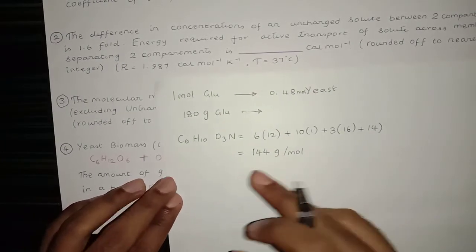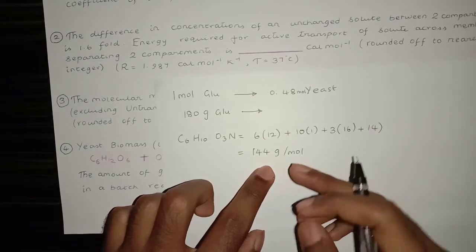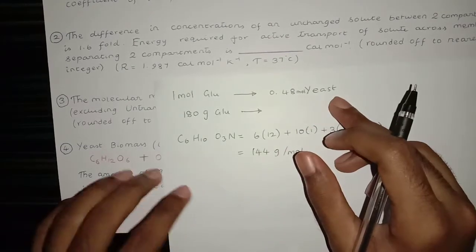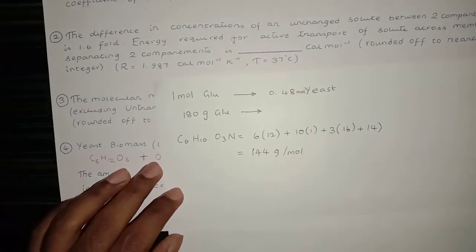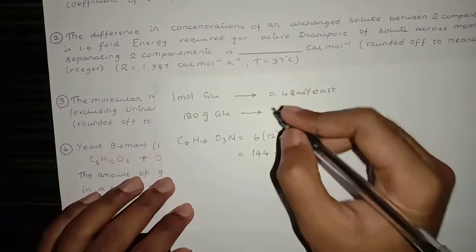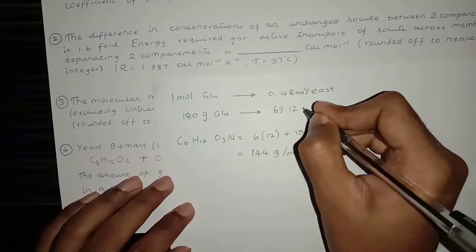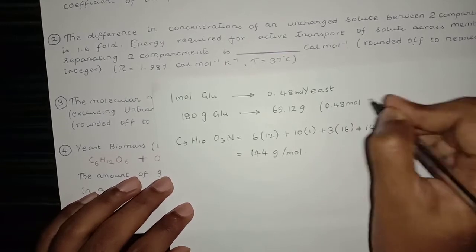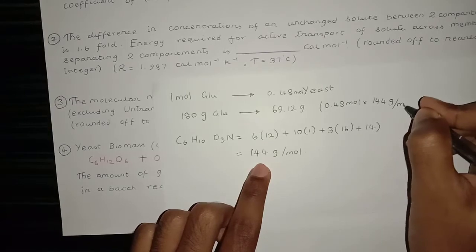So 1 mole of yeast weighs 144 gram. Therefore 0.48 moles of yeast will weigh 69.12 grams. That is 0.48 moles multiplied by 144 gram per mole.